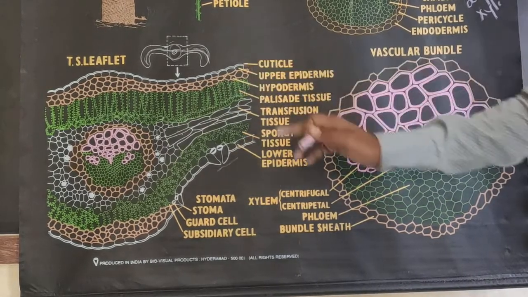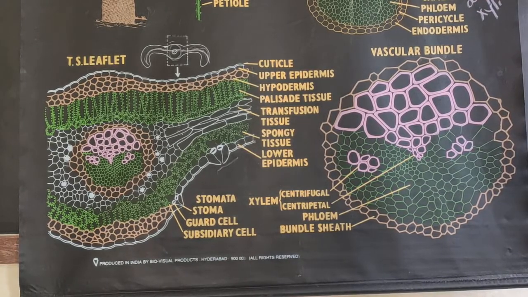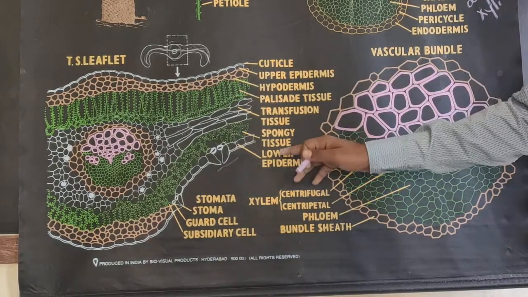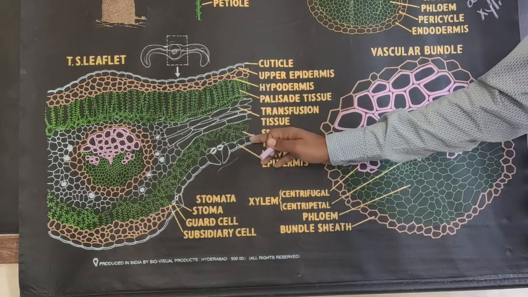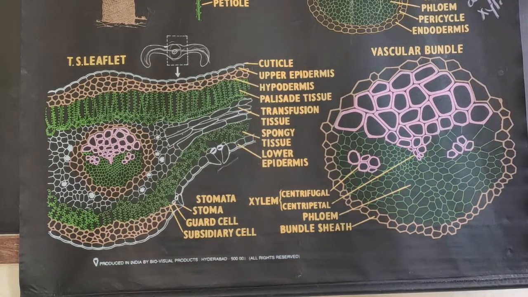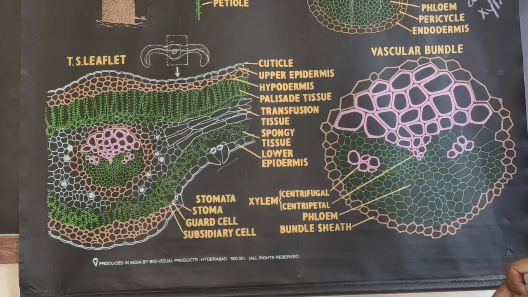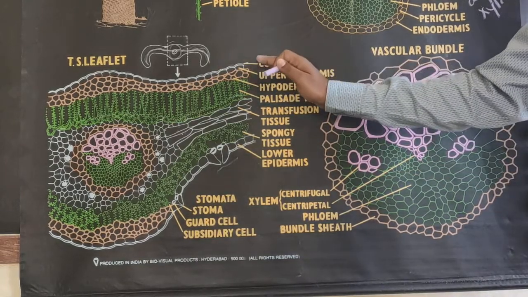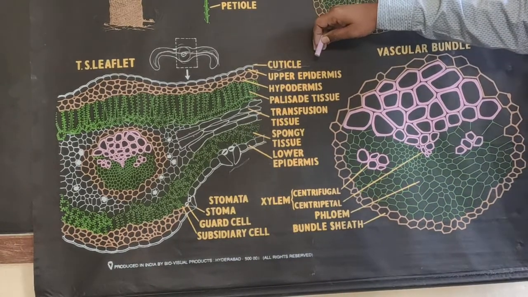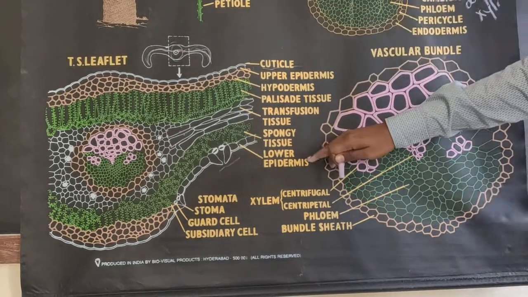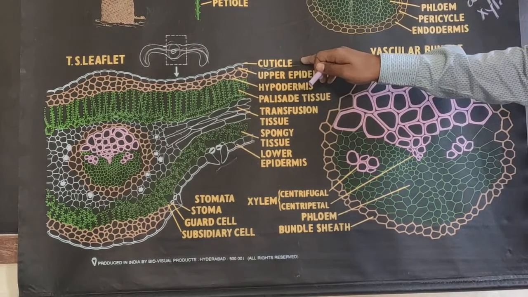This epidermis is made up of a single layer of compactly arranged cells, both on the upper and the lower side. And on both sides, the epidermis is covered with a thick cuticle.